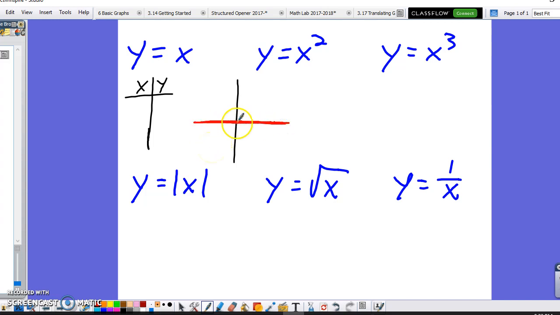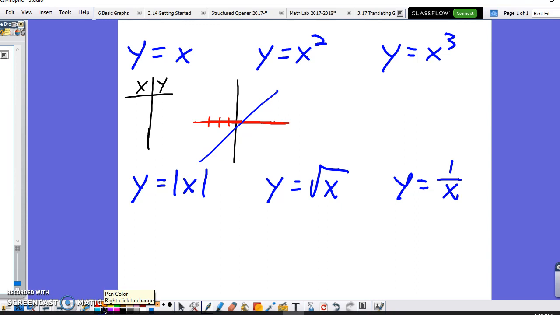We're just wondering, hey, when I'm at a specific point on the x-axis, where's the graph going to be at? So we know that y equals x makes the shape of a line, but we're curious, hey, when we're at -1 or -2 or -3 or some value of x, what's my output going to be?